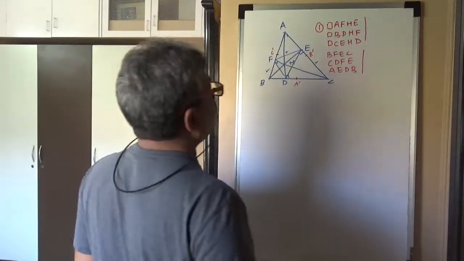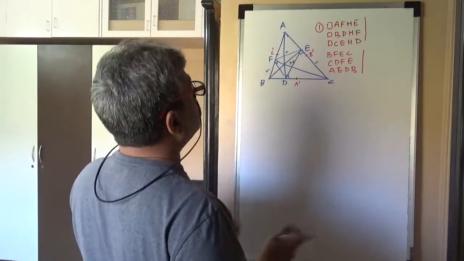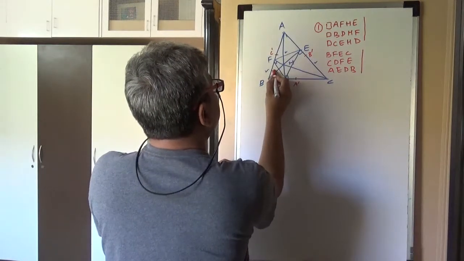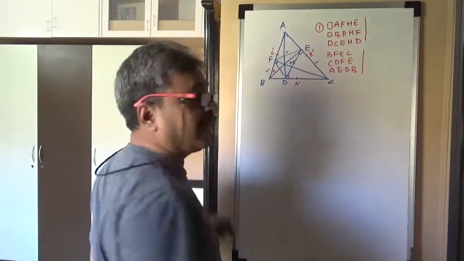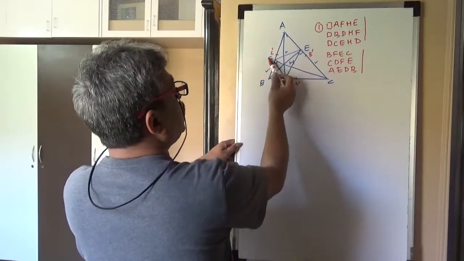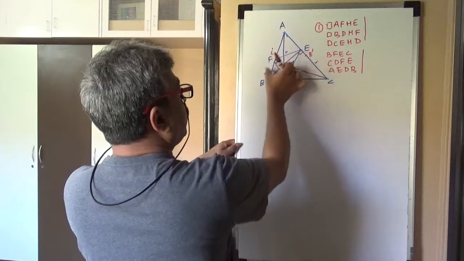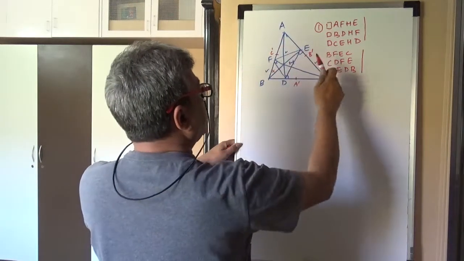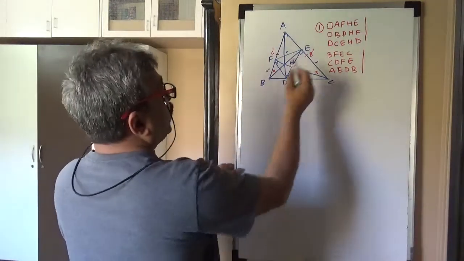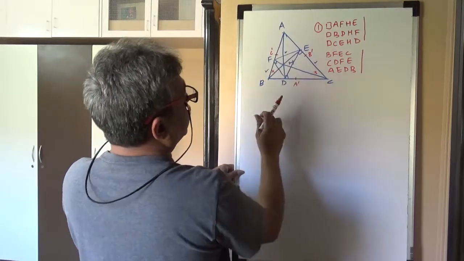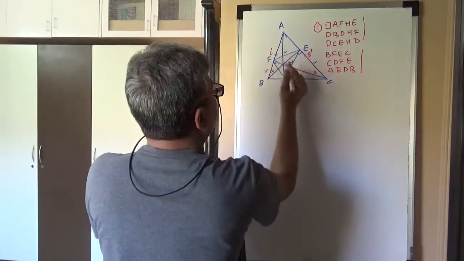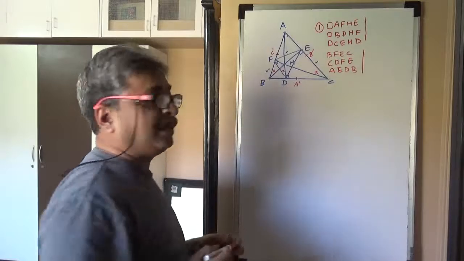Now, the moment we say that a cyclic quadrilateral is there, there are many angles which are equal. Say for example, we wish to know what this angle FBE is equal to. Angle FBE is going to be equal to, if we consider cyclic quadrilateral BFEC, then EF makes X angle at B, EF will make X angle at C. So this angle is also going to be X. Now if we consider HFBD as a cyclic quadrilateral, then HF inscribes X angle at B, therefore HF will inscribe X angle at D also.